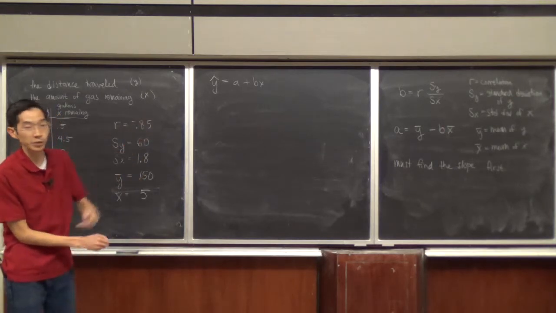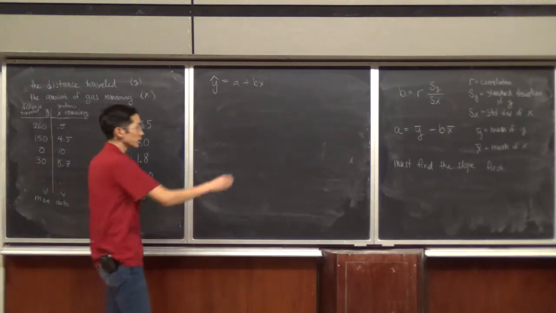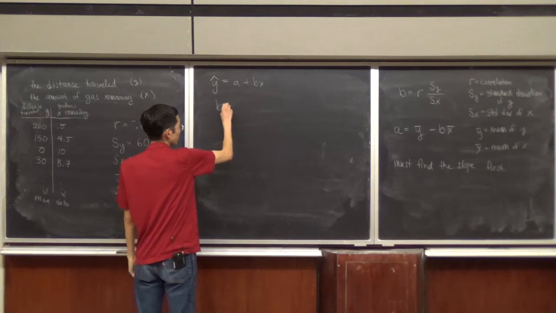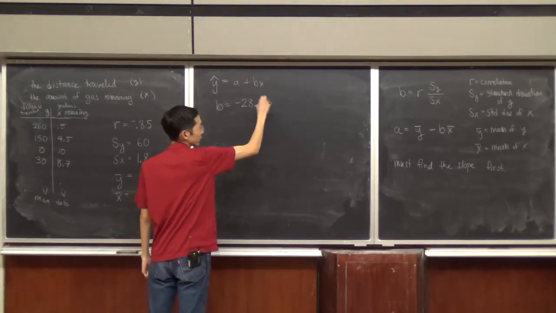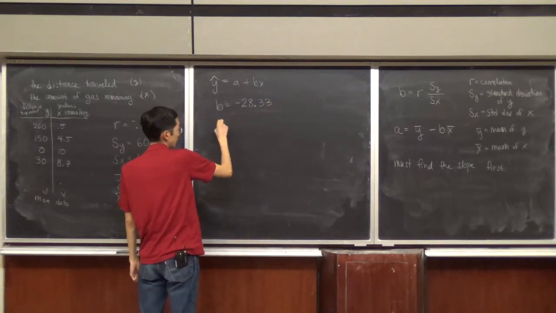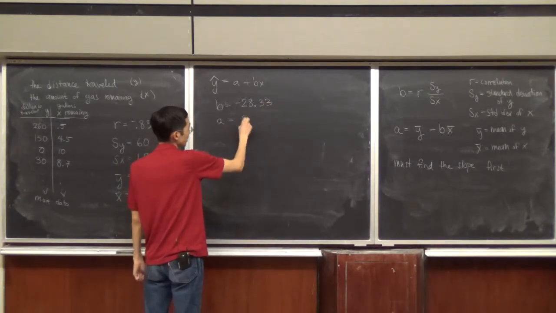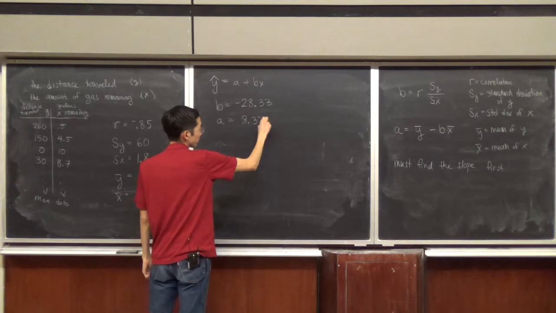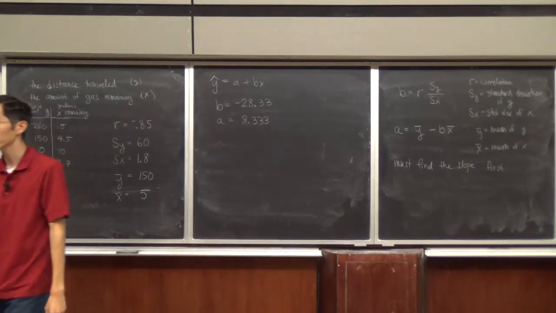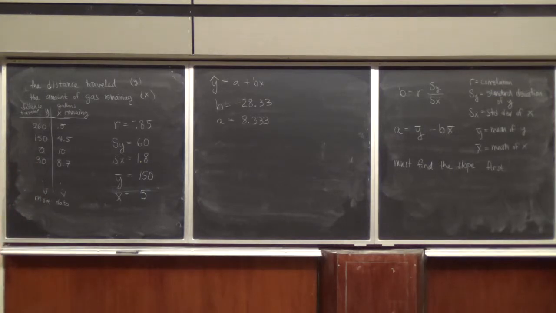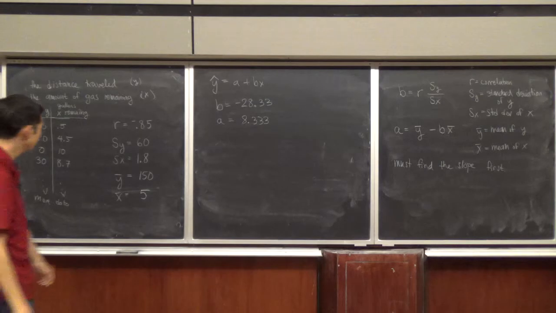Okay, do we have answers? All right, what did we get for our slope? Negative 28.33. Is that right? Yeah. And then our intercept A is 8.33. Is that also correct? No? Yeah. Oh.